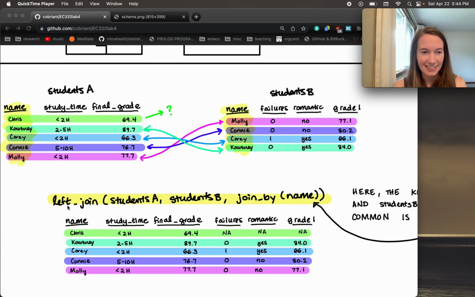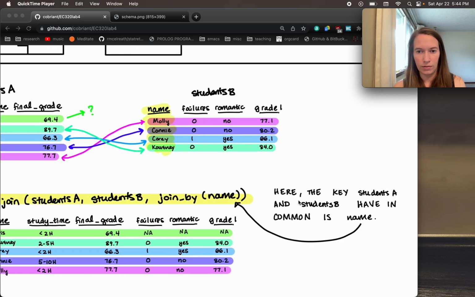And then the syntax to call left join: you're going to have a left-hand tibble and a right-hand tibble. Remember with the pipe, and this is how you're going to see it in the cones. We're going to say students A, pipe, left join, students B, join by name.